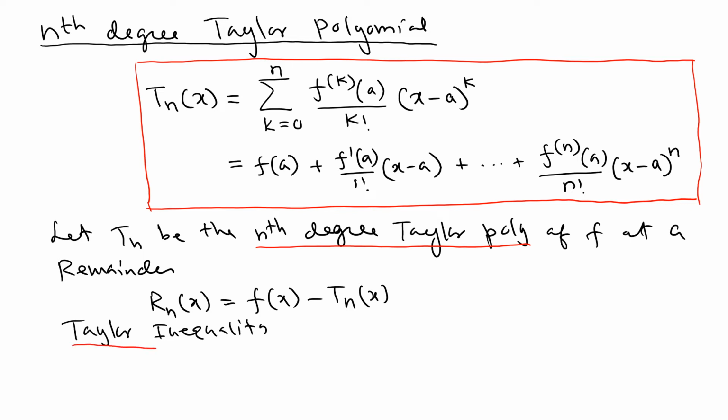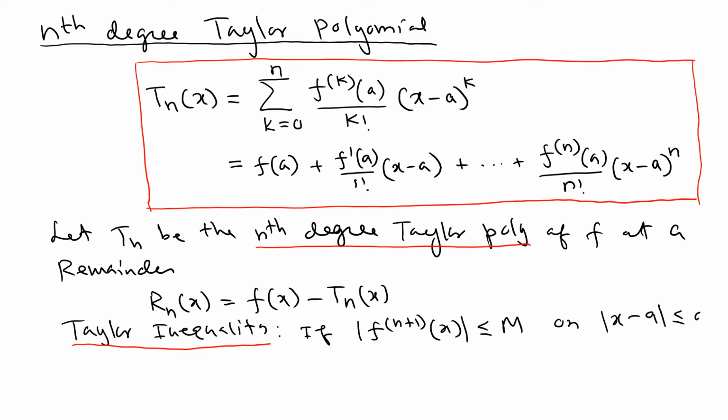So this is an interesting result. It says that if the n plus first derivative is bounded by some number M on an interval centered at a, where |x minus a| is at most d, so d is the radius in this case.